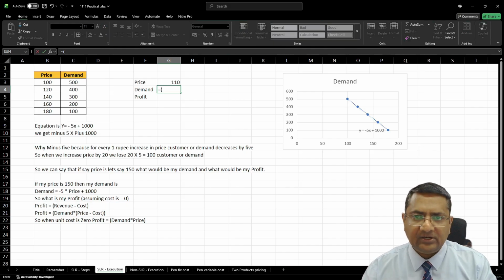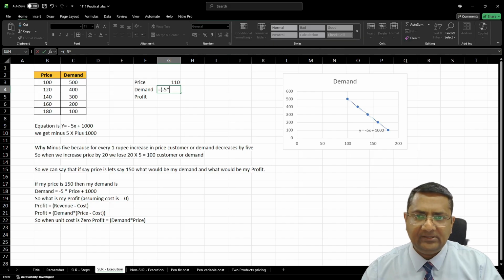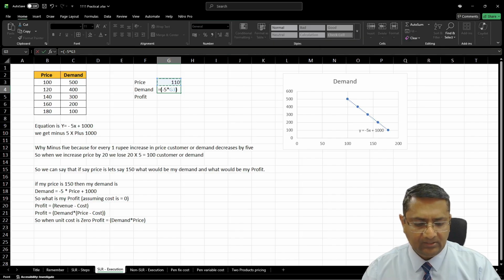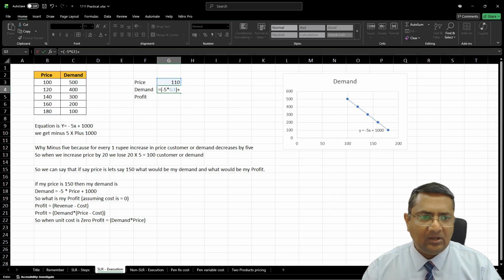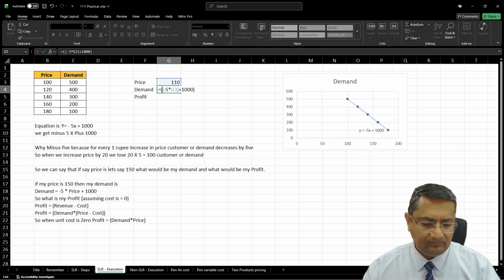Equals, we start the bracket, this is the -5, then -5 multiplied by x, meaning our price. We click here. Then we close this bracket, then we put a plus and plus 1000. I will put one more bracket here so that there remains no scope for any mistake. So this is perfect.